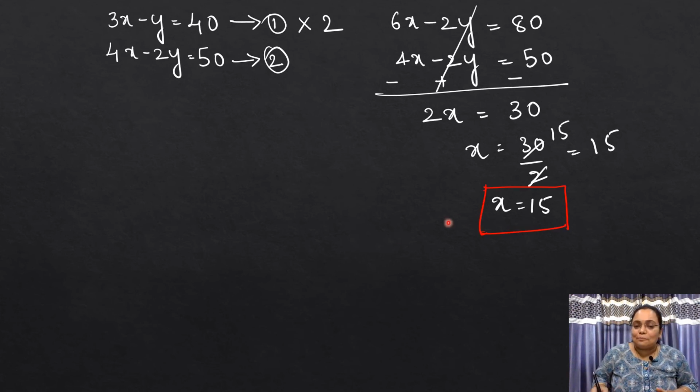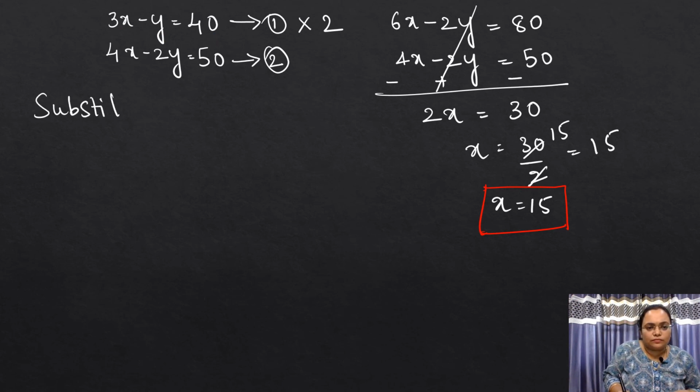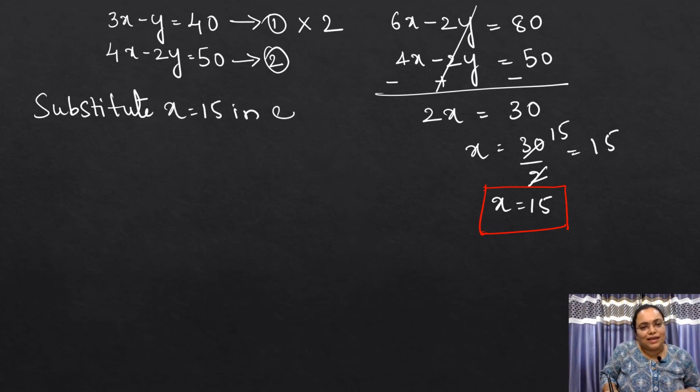Now we will substitute x is equal to 15 in any of the equations. Okay, we will substitute in equation 1. So what is equation 1? 3x minus y is equal to 40.